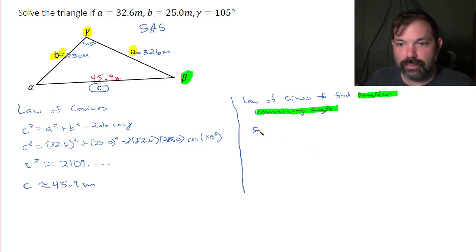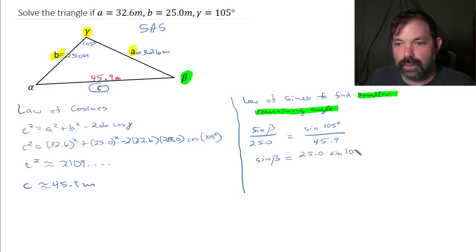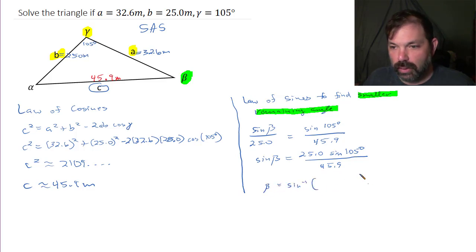So the sine of beta is to 25.0 as the sine of 105 degrees is to 45.9. So sine beta is 25.0 sine 105 degrees over 45.9. And then beta would be the sine inverse of that quantity.